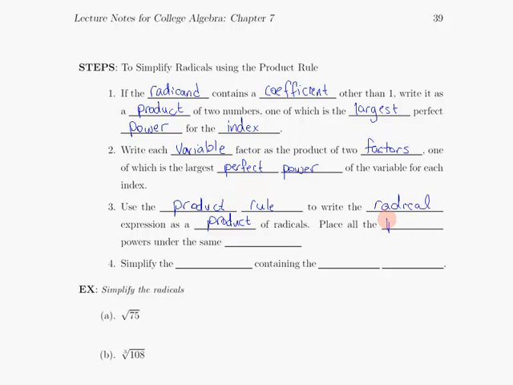Place all the perfect powers under the same radical. The reason you do that is the one with all the perfect powers has nice whole roots coming out of it. You can take that radical and simplify it completely. So simplify the radical containing the perfect powers, and you're done.